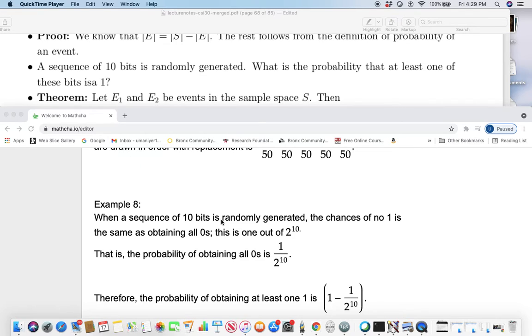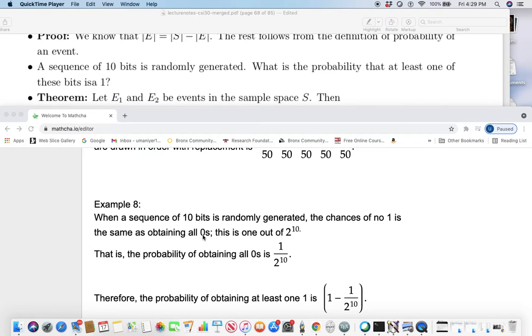Well, each entry has two options, 1 or 0. That's what a bit is, a binary digit. So you're essentially looking at a string of length 10. How many such strings are available? 2 to the power 10. You don't want any 1 in your string. That is, you want all 0.